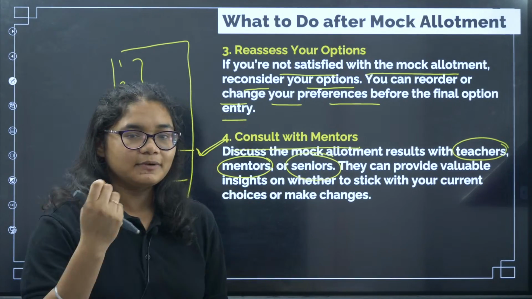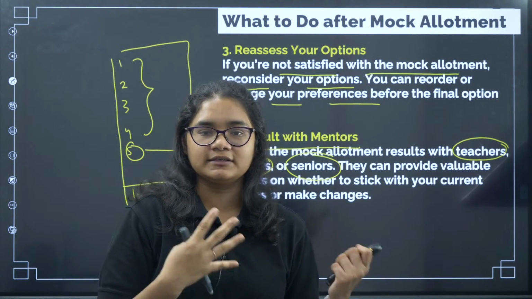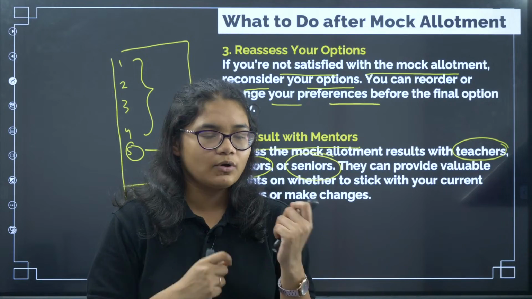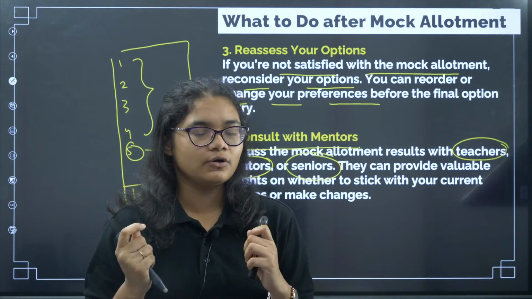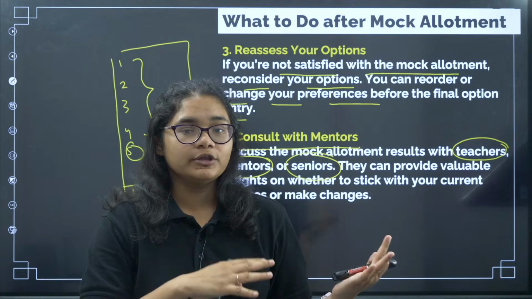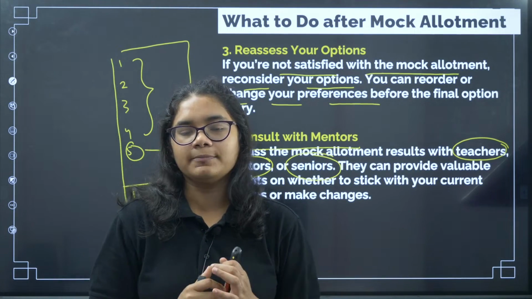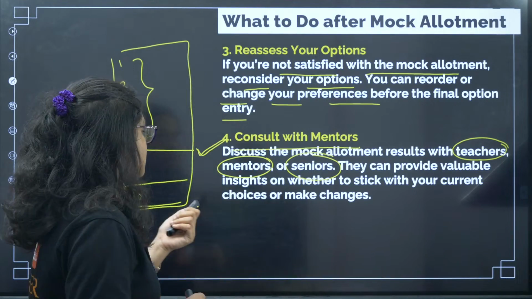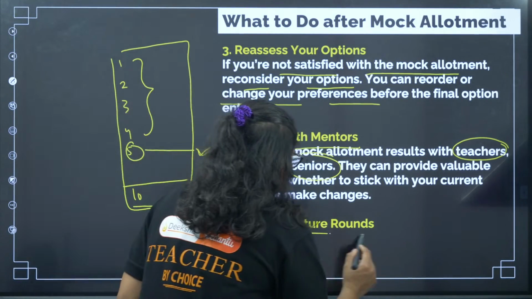Seniors must have gone through this process last year, or they have already done it. They know the experience, they know how to utilize the cutoff and all. So just talk to them, show your option entry, take advice from them, and if you feel it is correct, make changes accordingly.